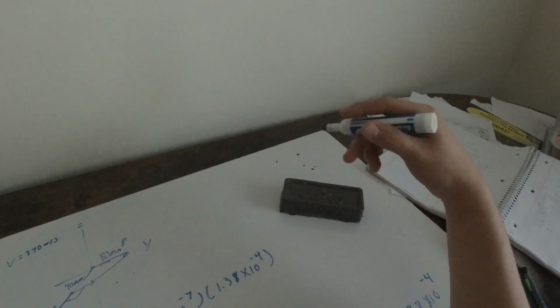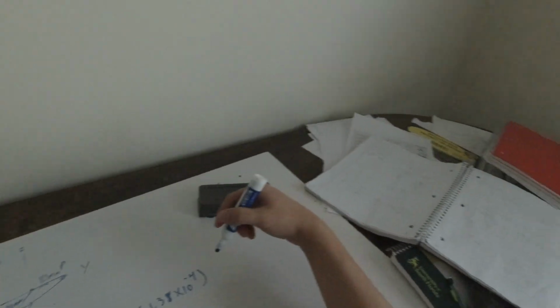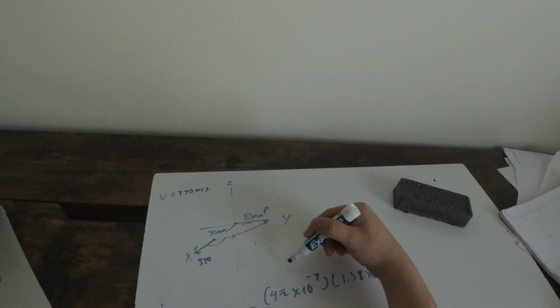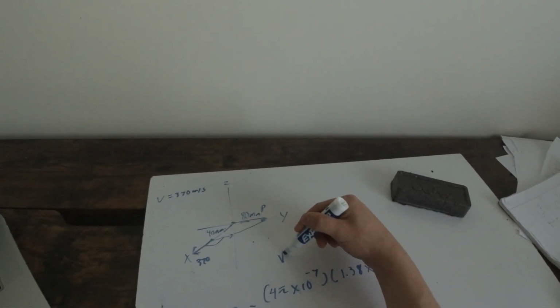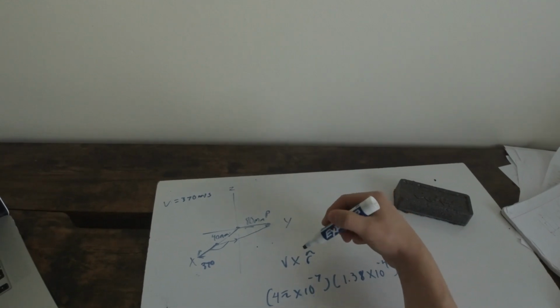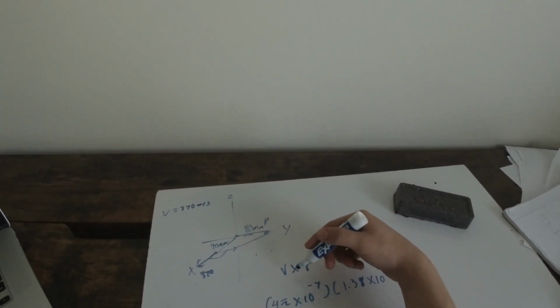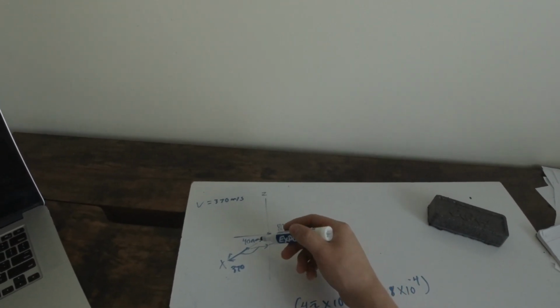I'm just looking over at the equation sheet, because I have it memorized, but I want to make sure I'm right. And the rest is going to be V cross R hat. So now we can either take the cross product, or we can find the angle.